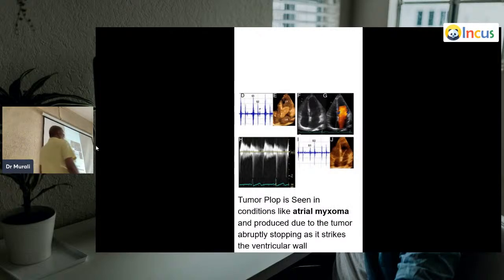Now, what conditions lead to tumor plop? Atrial myxoma. Atrial myxoma-like conditions which create an obstruction to the flow from the left atrium into the left ventricle will create the tumor plop during ventricular diastole.